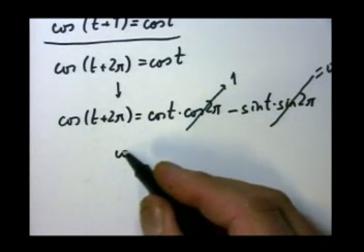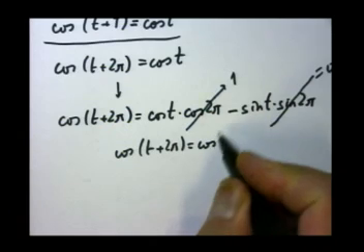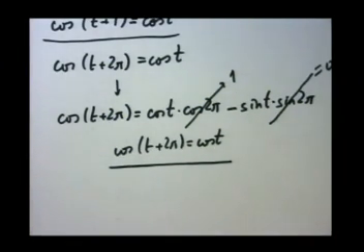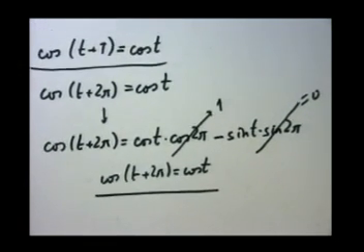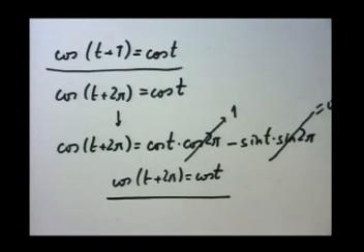So I got cosine of t plus 2 pi equals cosine t. So I got it from trigonometric identities. The same I can do with another one if you want. I use this knowledge that the cosine function repeats itself after 2 pi radians.